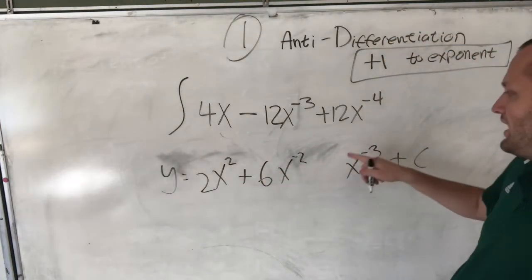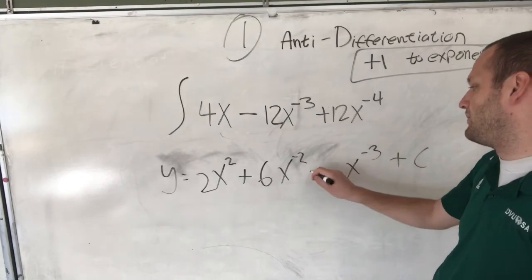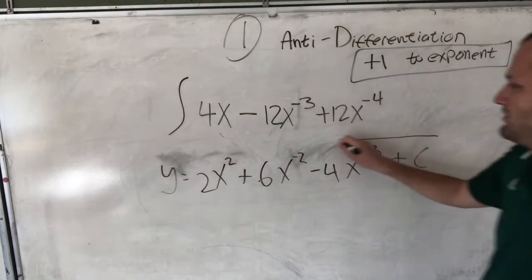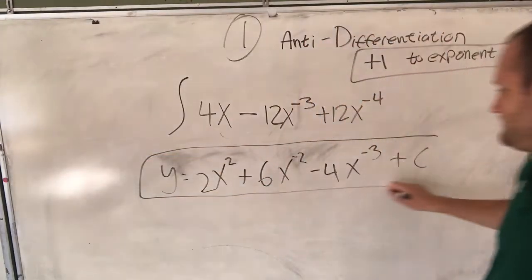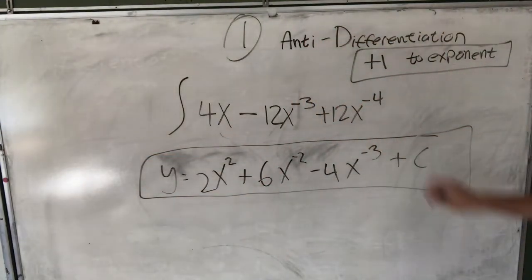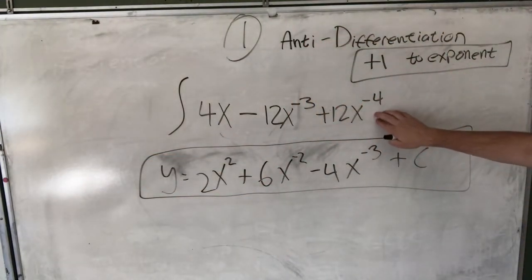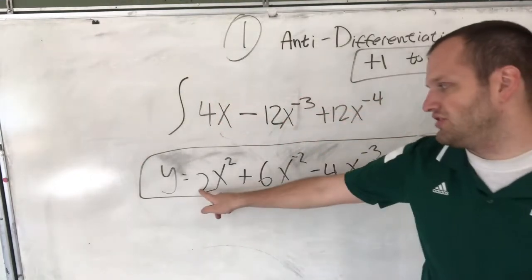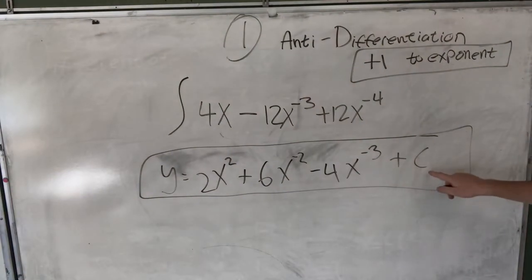Negative 3 times negative 4 is positive 12. Okay? This would have been the original equation. This derivative here defines the slope for any equation that follows this form with any c value, any y-intercept value, okay?